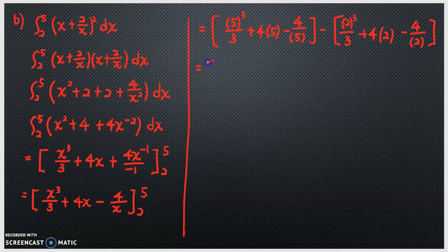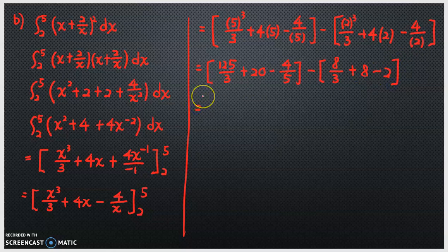From here, if I try to simplify, 5 to the power of 3 is 125 over 3 plus 20 minus 4 over 5, minus 2 to the power of 3 is 8 over 3 plus 8 minus 4 over 2 is 2.